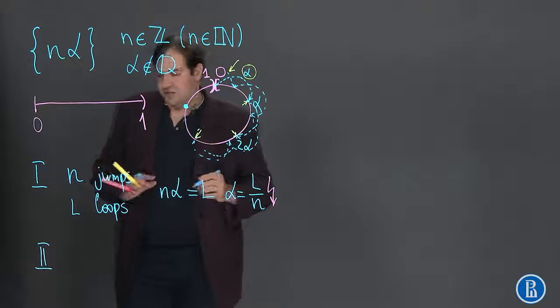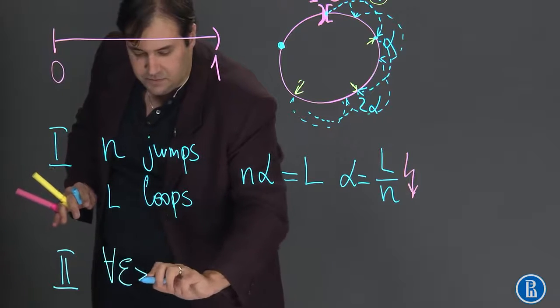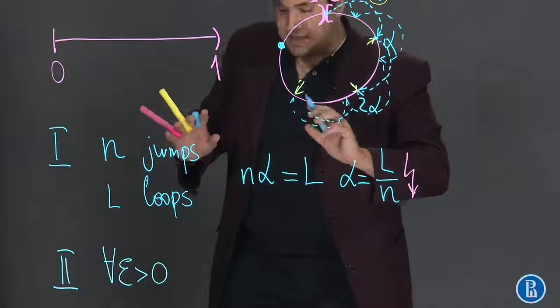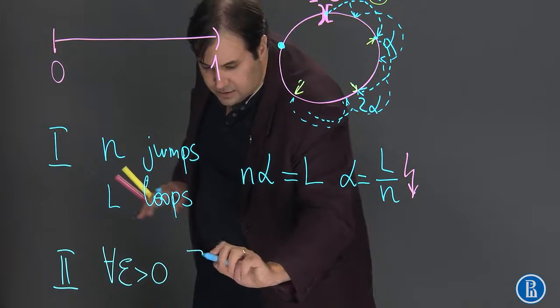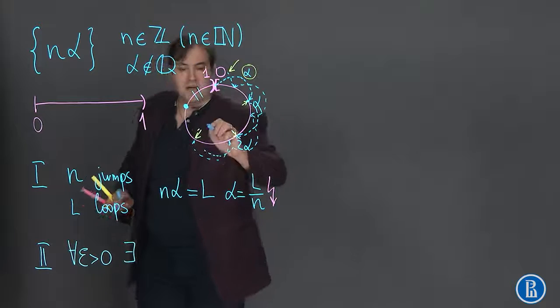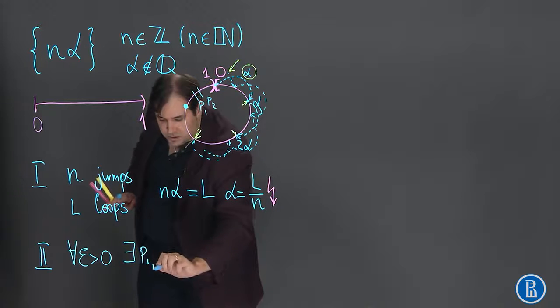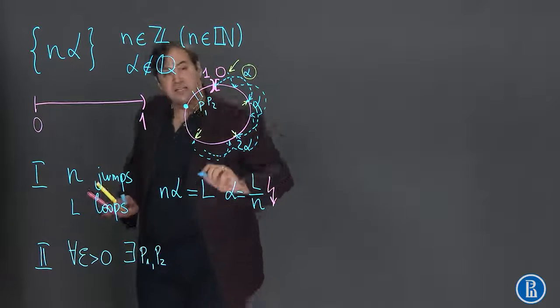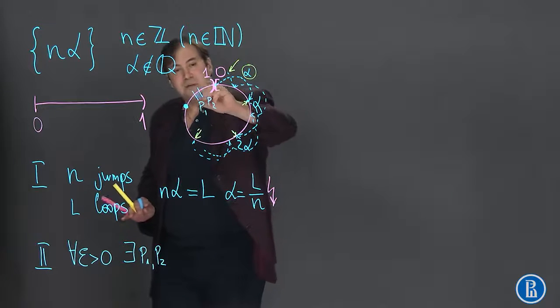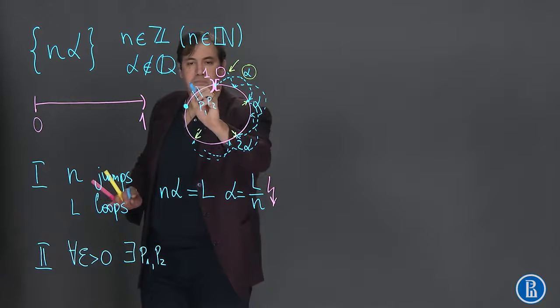Well, the second observation is that for any positive epsilon, there will exist two marked points, P1 and P2, such that the distance between these two points is less than epsilon.